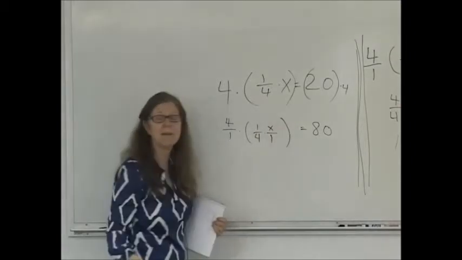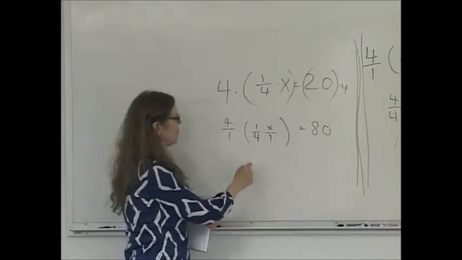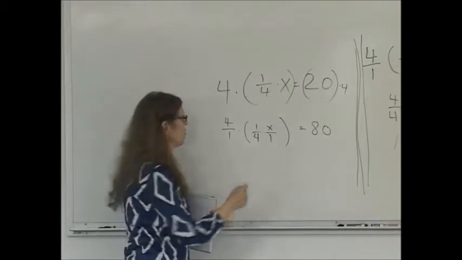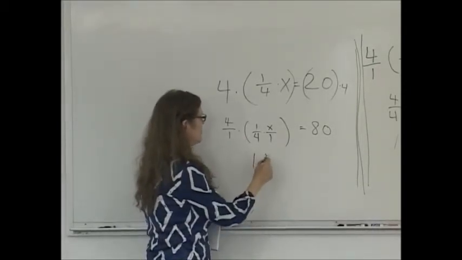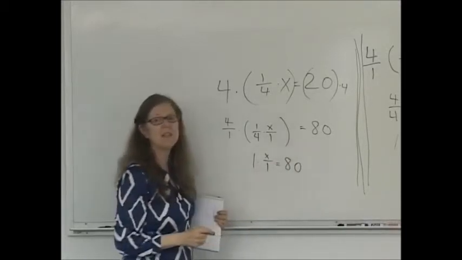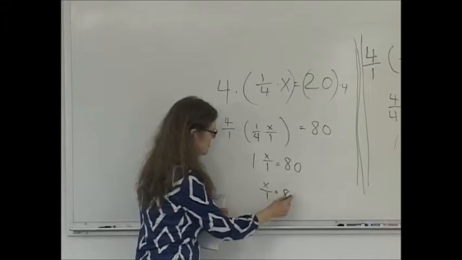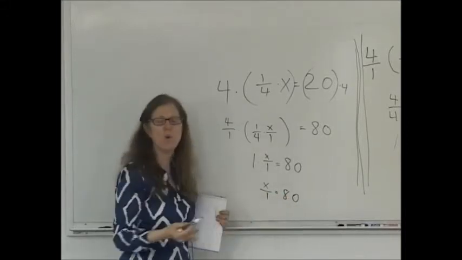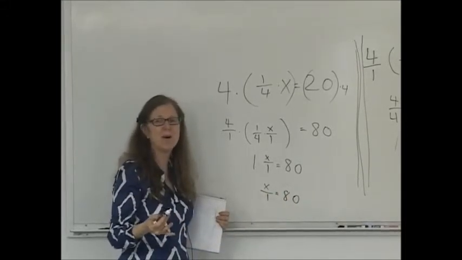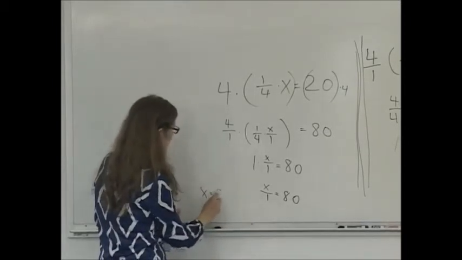I could have done that. 4 over 1 times 1 over 4 is 4 over 4, which is 1. So this is 1 times x over 1. 1 times anything is itself. So this is x over 1. And x over 1 just means x divided by 1. So that's just x. So the answer here is x equals 80.